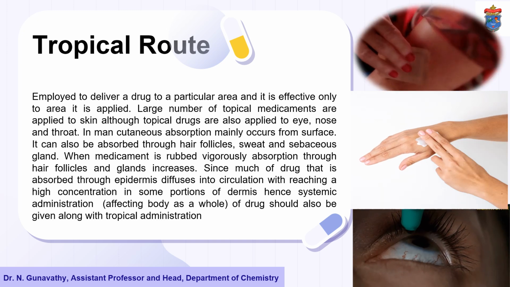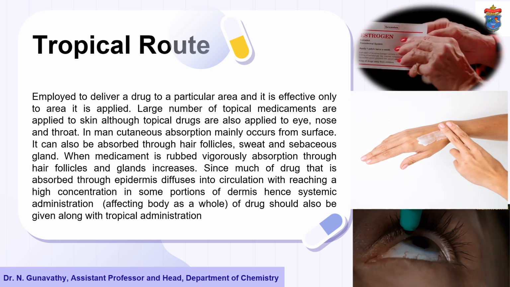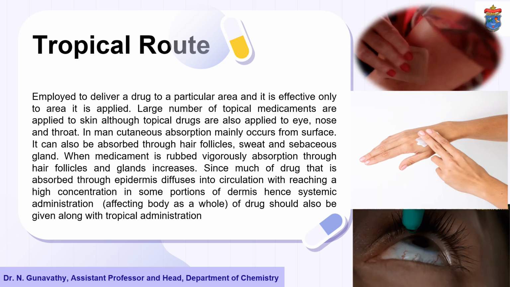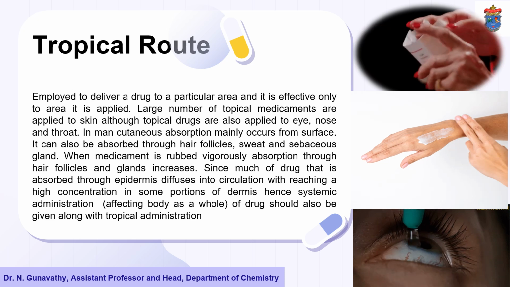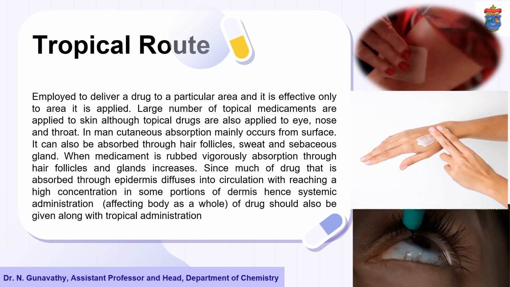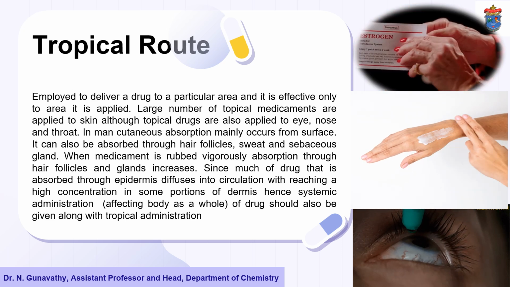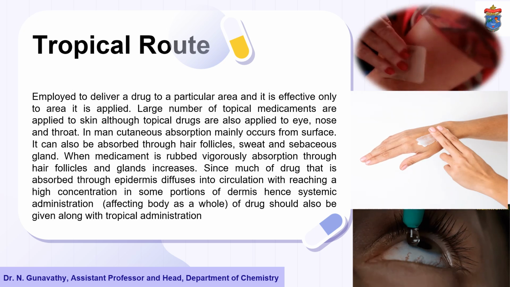Since much of the drug that is absorbed through the epidermis diffuses into circulation, reaching a high concentration in some portions of the dermis, systemic administration of drugs should be given along with the topical administration.